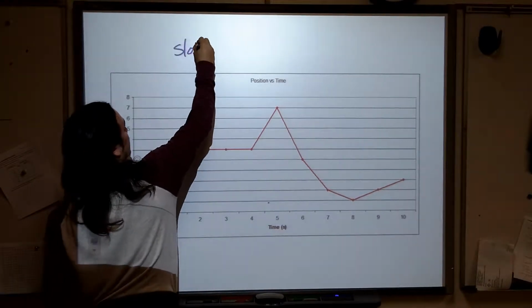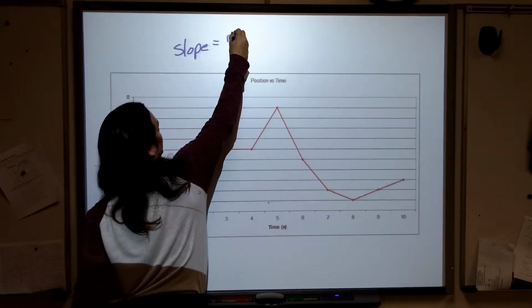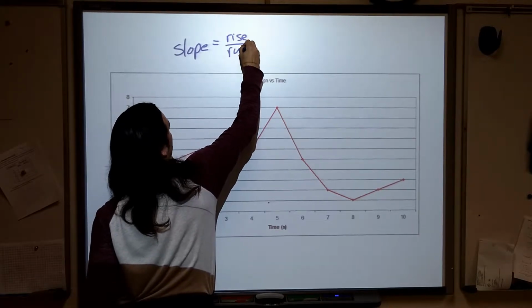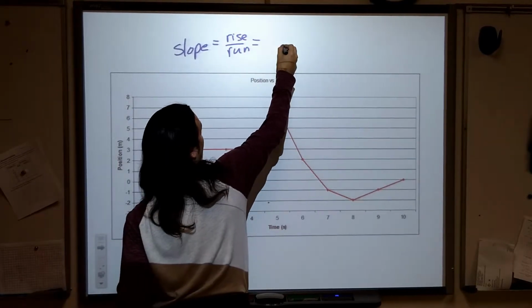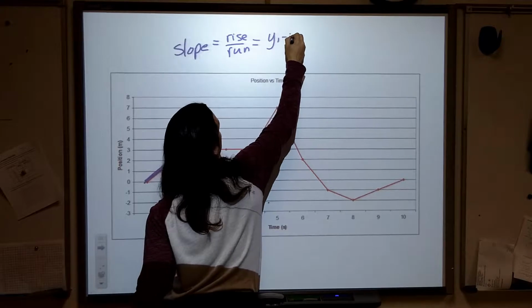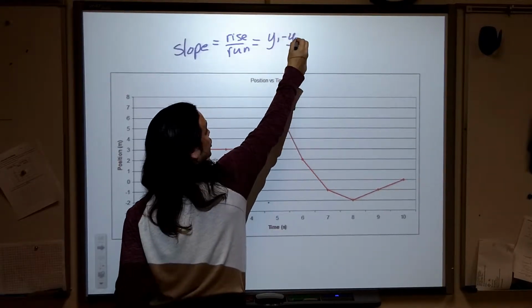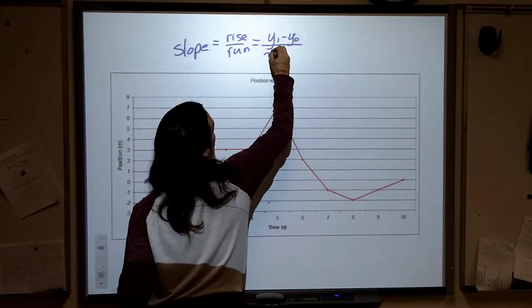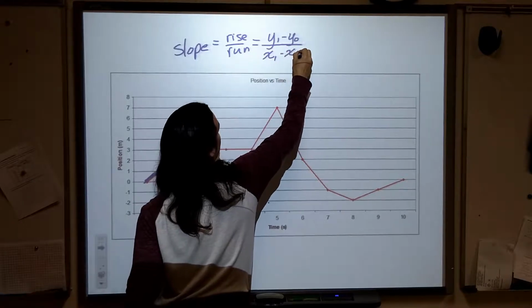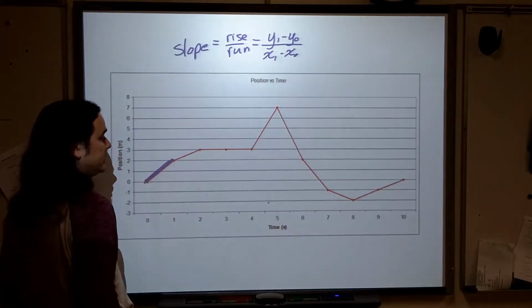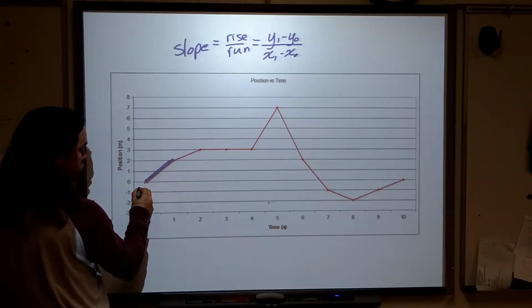The slope will be equal to our rise over run, which another way of writing that is y1 minus y0, or y2 minus y1, over x1 minus x0, or x2 minus x1. All right, well, we've got 2 points here.